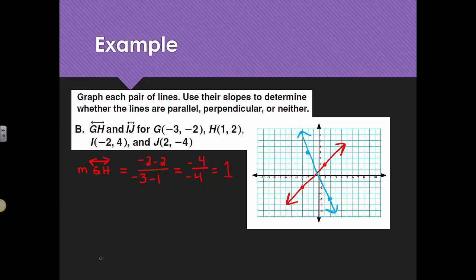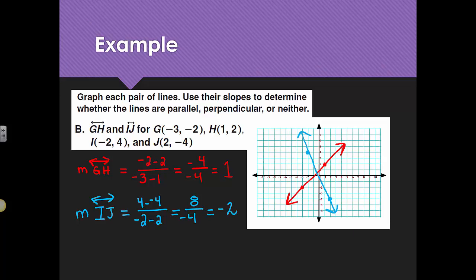Grab my blue pen here and find the slope of line IJ. Change in y is 4 minus a -4. Change in x is -2 minus 2. So I end up with 8 over -4, which is -2.